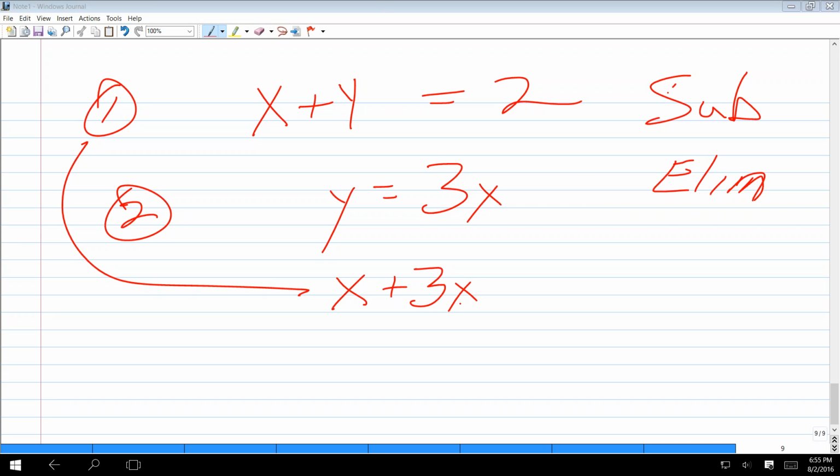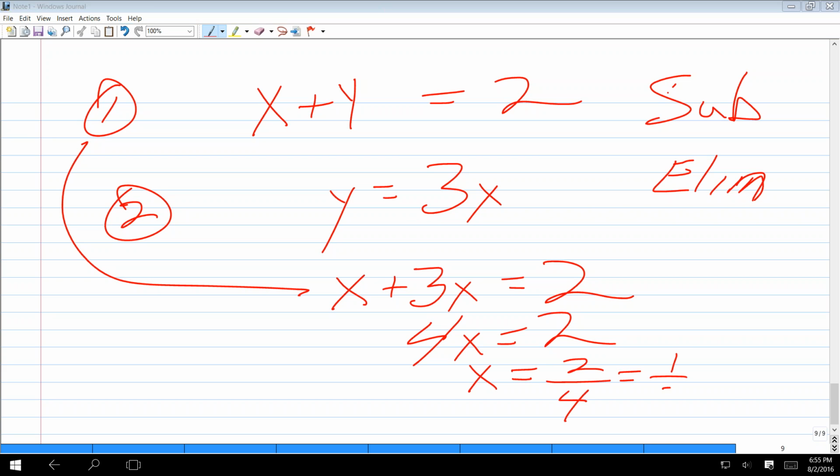That's why it's called substitution. And it's still the first equation, but we've turned it into, instead of having two variables, now there's only one variable, x. Well, what's x plus 3x? 4x. So x equals 2 divided by 4, or 1/2. In other words, I've been able to solve it again by substitution.